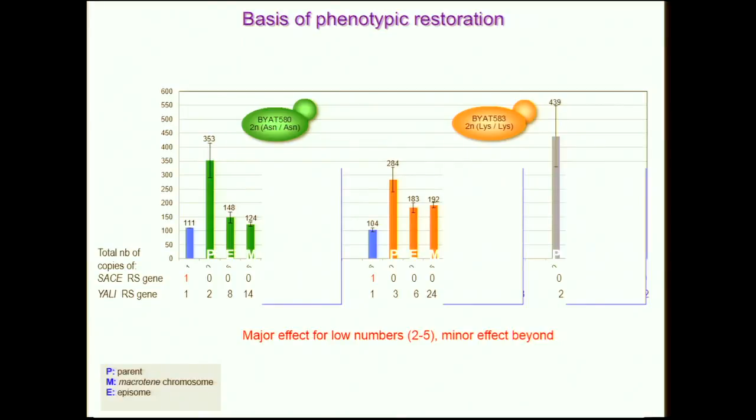The second aspect is the number of copies of the exogenous synthetase, in the absence of the cerevisiae synthetase. The number of copies of exogenous synthetase is of course selected for when you increase from 2 to 8, but not much if you increase further, or from 3 to 6, and not much if you increase further.